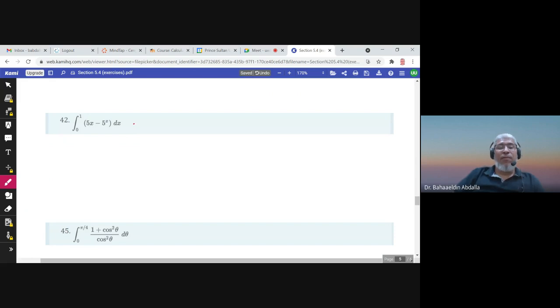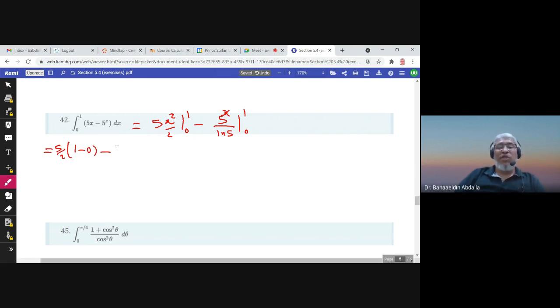Here, the integral of 5x is 5x squared over 2 from 0 to 1, and the integral of 5 to the power x is 5 to the power x over ln 5 from 0 to 1. So I have 5 over 2 and I replace x by 1. So 1 squared is 1 minus 0 squared is 0 minus.